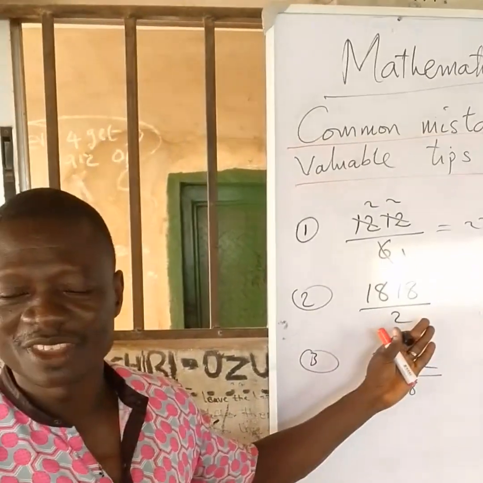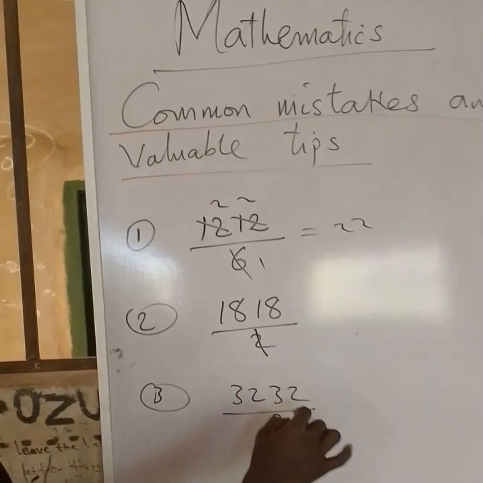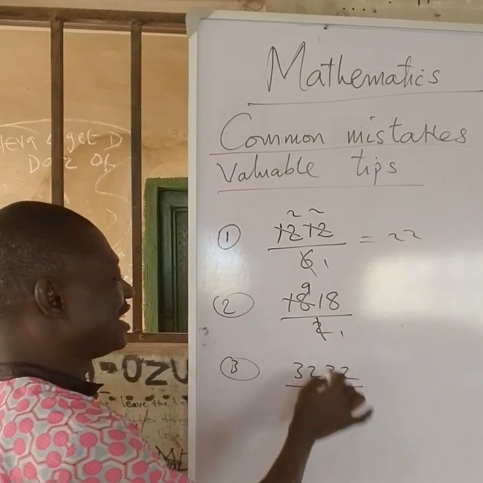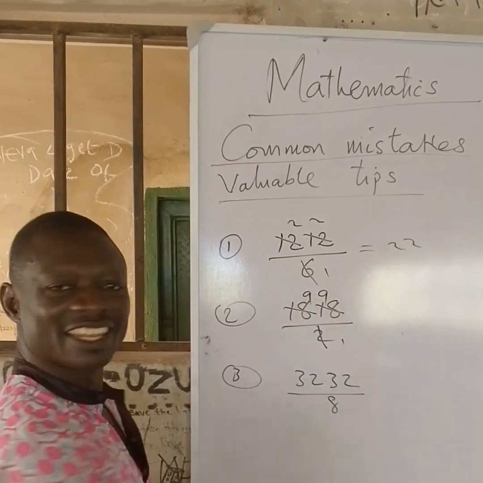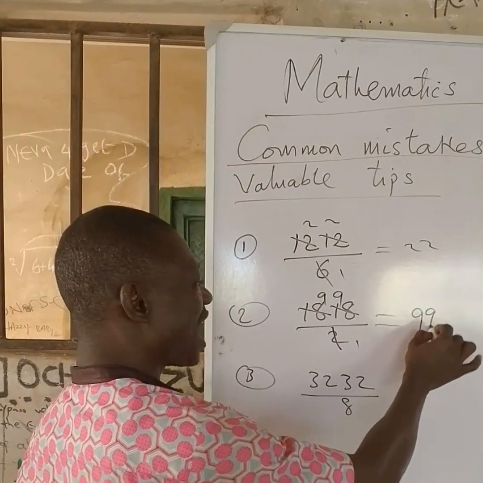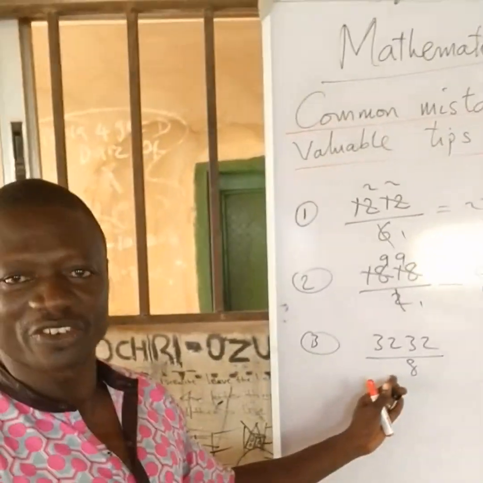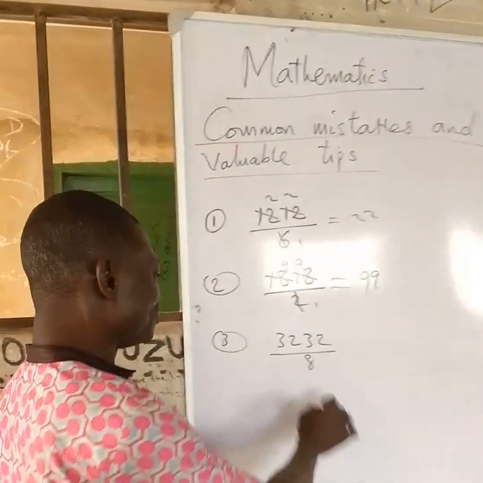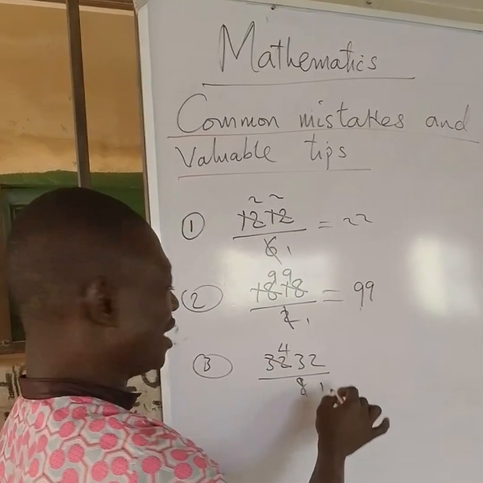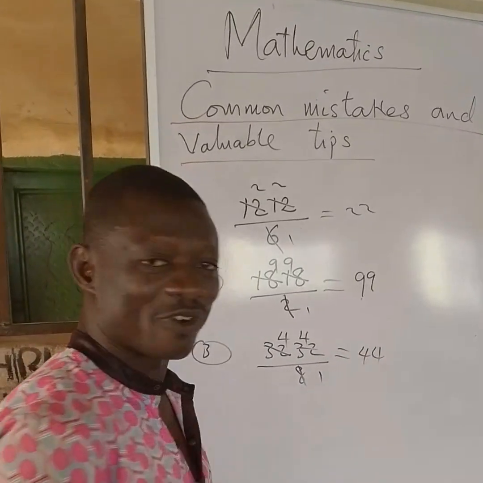Likewise, number 2, the fellow may also say 2 divides itself, 1; 2 divides 18, 9; 2 divides 18, 9. And he will also be tempted to say that the answer is 99. Whereas for number 3, the fellow may do 8 divides itself, 1; 8 divides 32, 4; 8 divides 32, 4. And maybe someone will say it is 44.